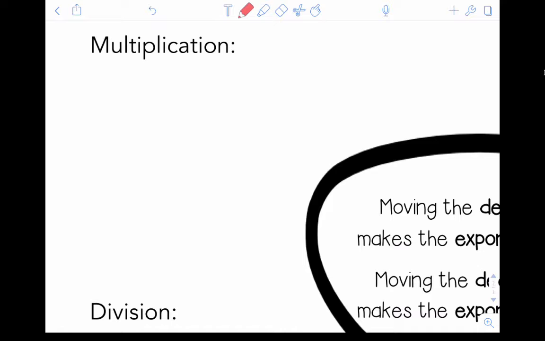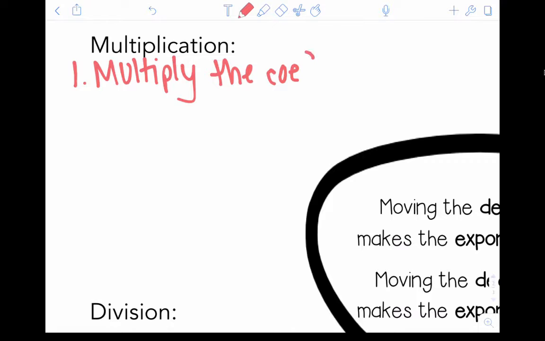We're going to just work in scientific notation. So our steps for multiplication are first, we're going to multiply the coefficients. When I say coefficients, I'm talking about the numbers in front of the scientific notation. So that's that number that's between 1 and 10.